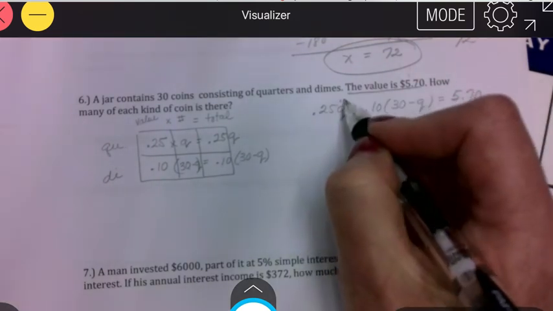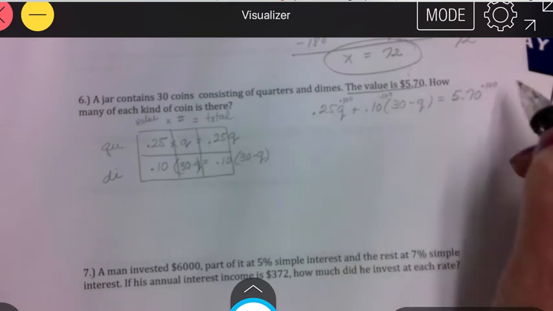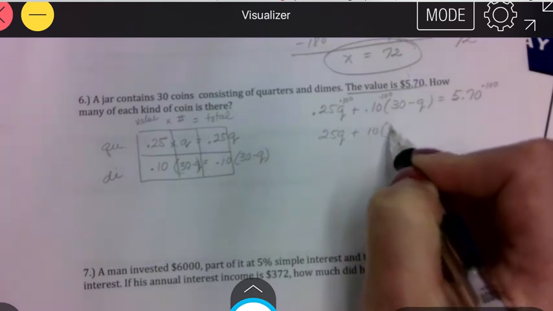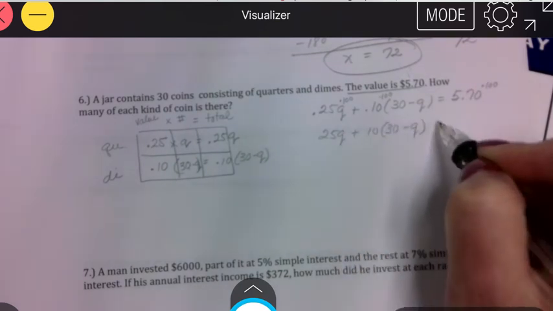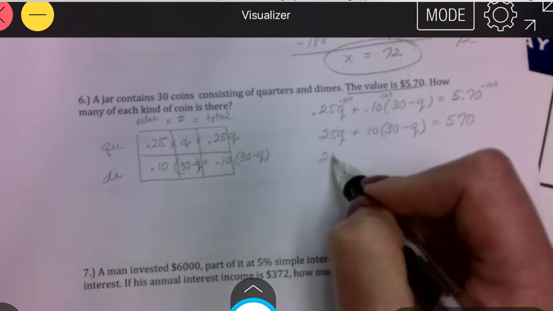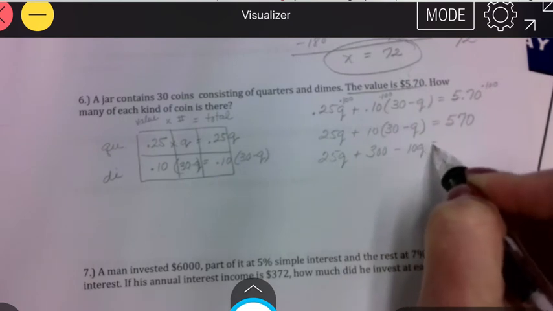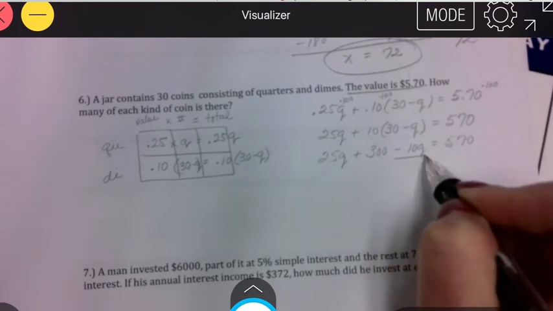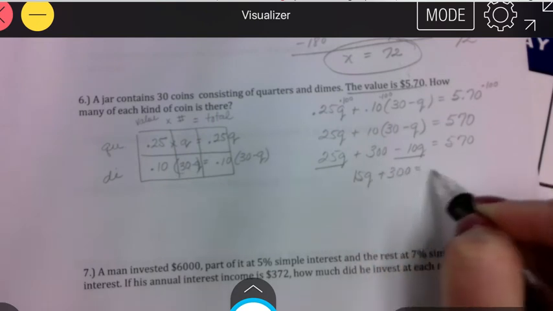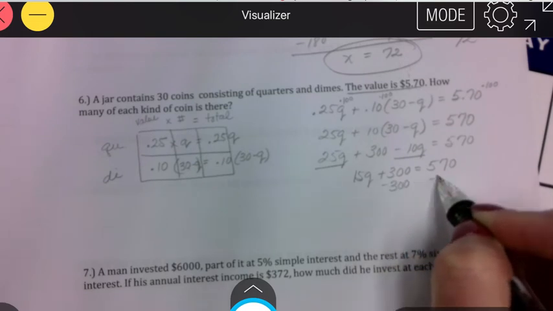I'm going to multiply through by 100. So I have 25Q plus 10 times 30 minus Q is equal to 570. So 25Q plus 300 minus 10Q is equal to 570. 15Q plus 300 is equal to 570. Subtract 300.